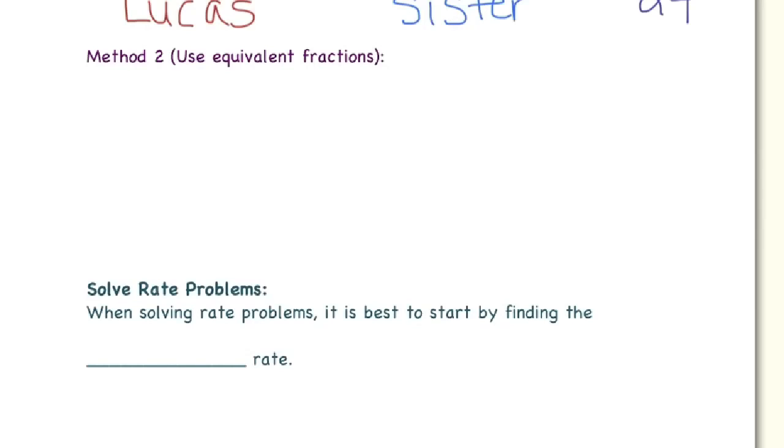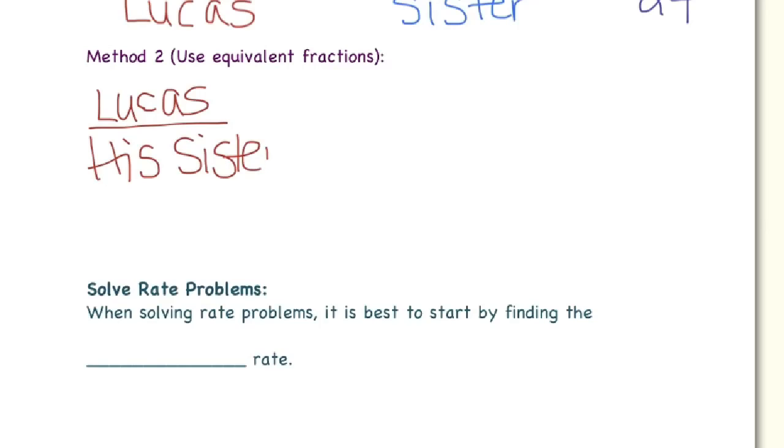So the way I'm going to set this one up is Lucas is going to be our numerator and his sister is going to be the denominator. And it told us in the problem that the ratio is 3 to 4, so that's how I'm going to start. And now we're going to set another fraction equal to this.